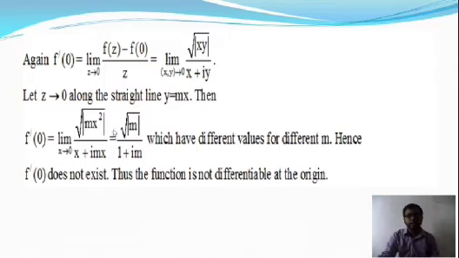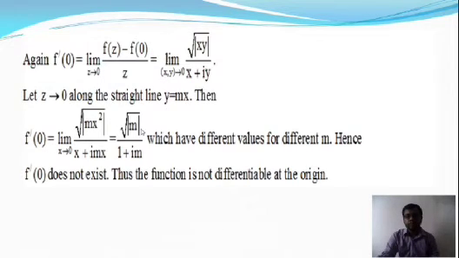In this expression there is only the value of m, and no x or y. If we put m equal to 1, we get f dash 0 equal to root of 1, that is 1 by 1 plus i. If we put m equal to 2, we get root of 2 by 1 plus 2i. So for different values of m, we get different values of f dash 0.